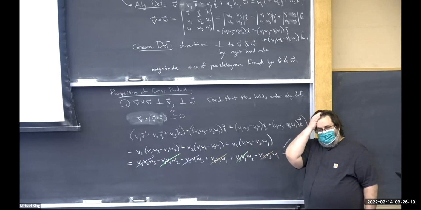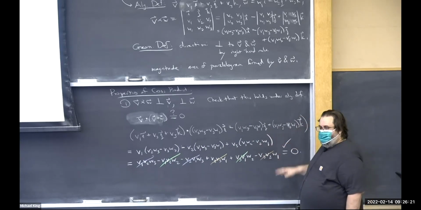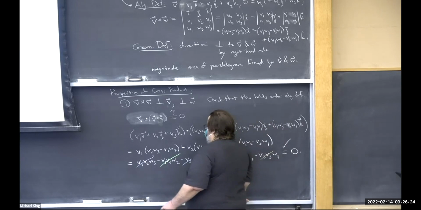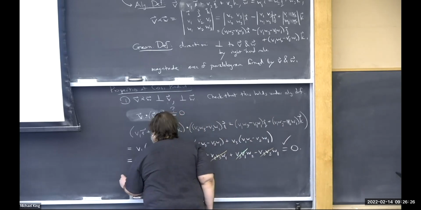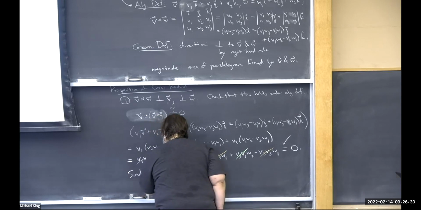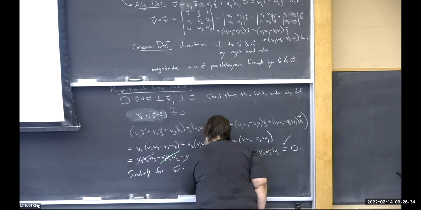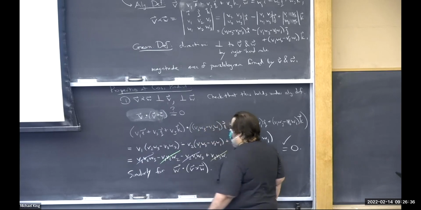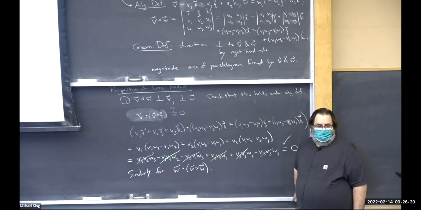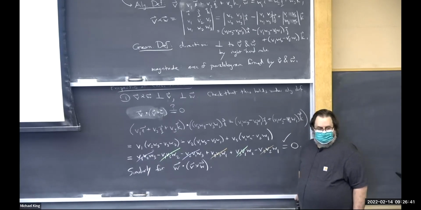It's interesting, the construction of these expressions. I'll just say similarly, W dot V cross W also will give 0. You shouldn't believe me though, you should do it on your own.